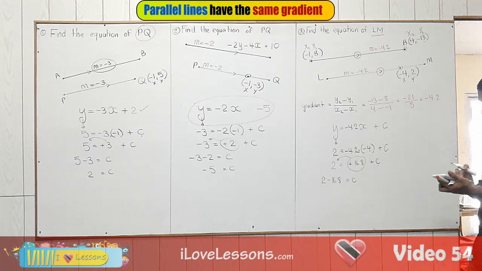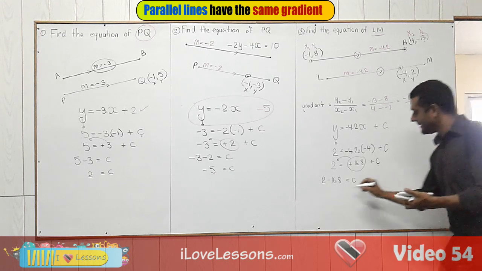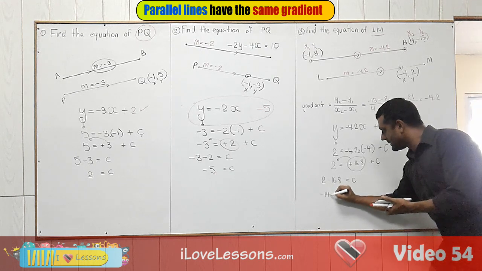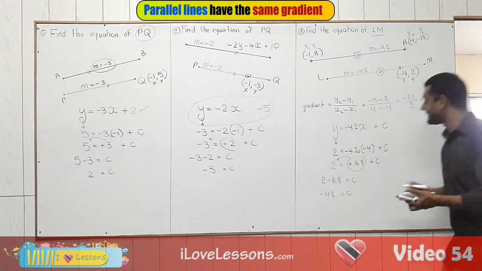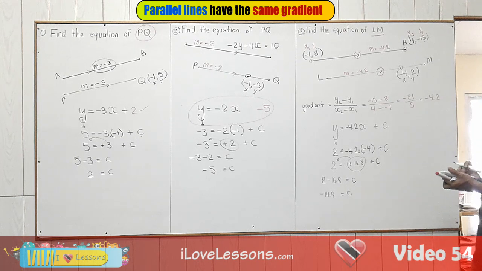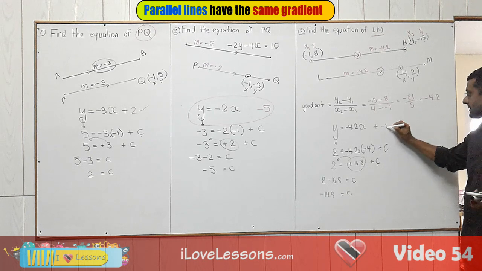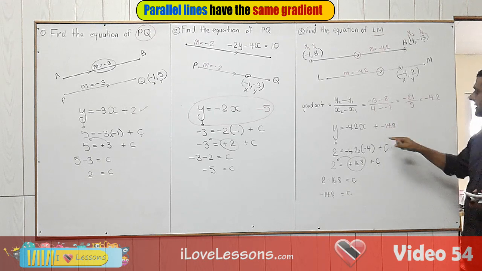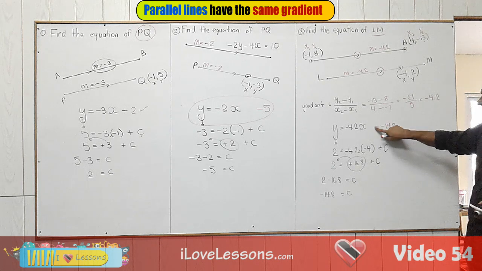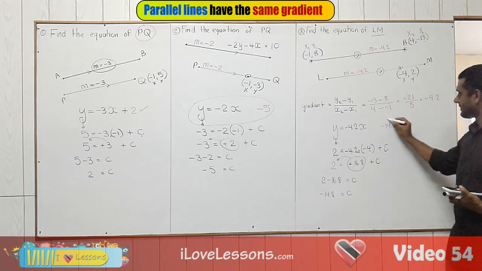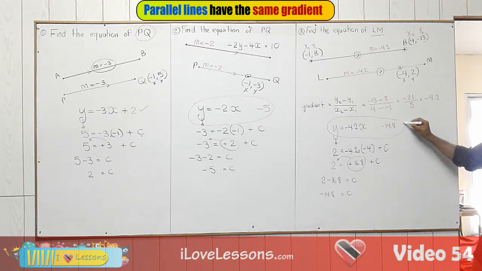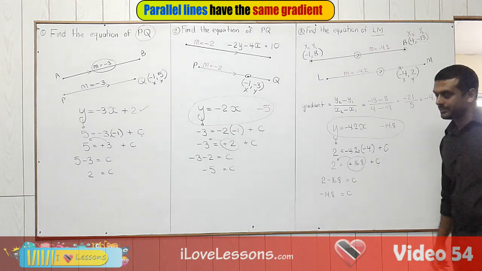So 2 minus 16.8 is minus 14.8. So we know the value of C for this line is minus 14.8. So we erase C now and we have a value for it, minus 14.8. But when a positive touches a negative, you will ultimately get a negative. This is your final answer for the examiner.